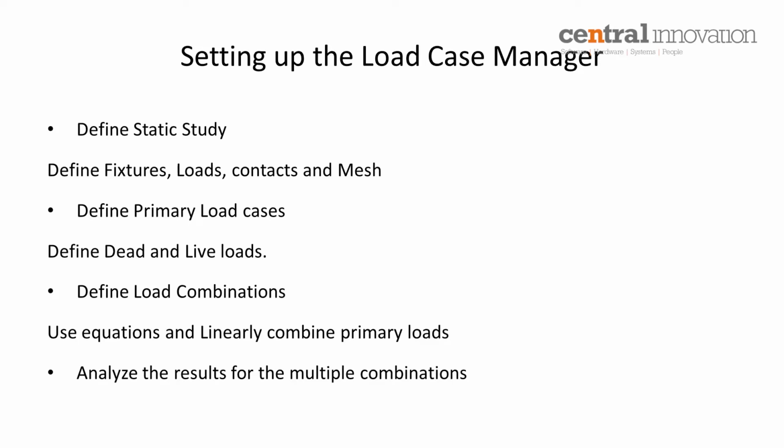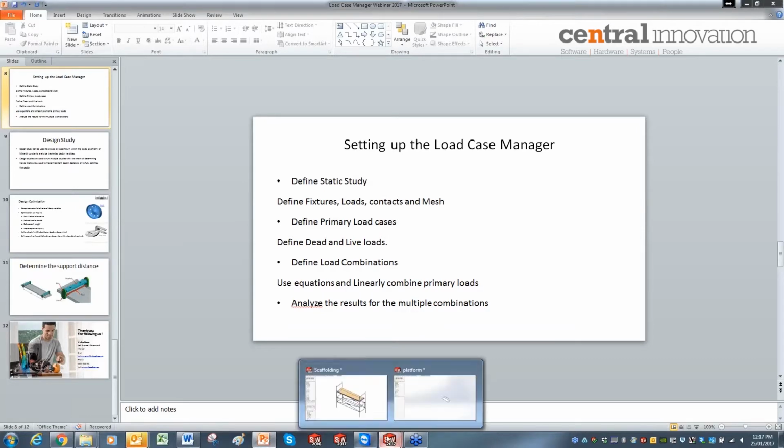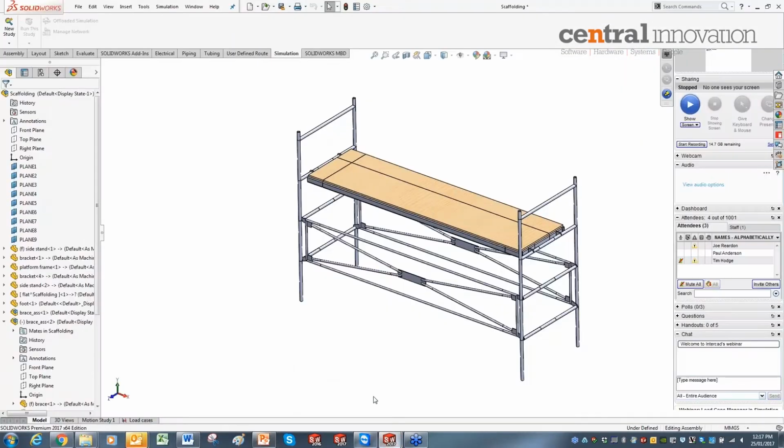Okay, let me minimize this. I'll open up SolidWorks, which I already opened. I'm going to use this example. I hope you can see the SolidWorks screen. I'm going to use this example scaffolding. It's an assembly, a scaffolding assembly.